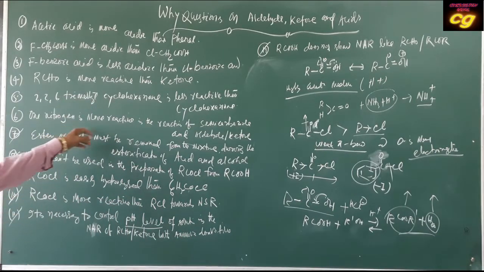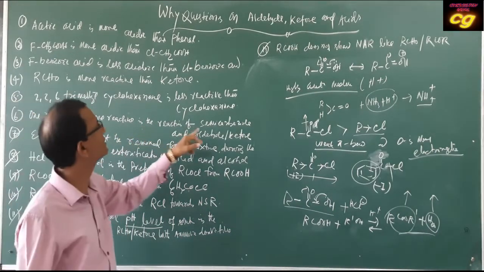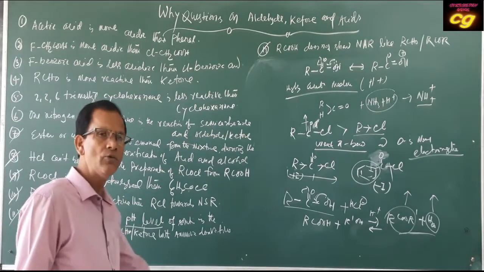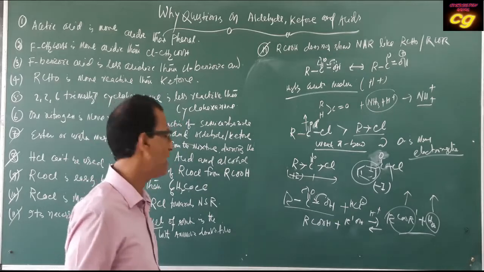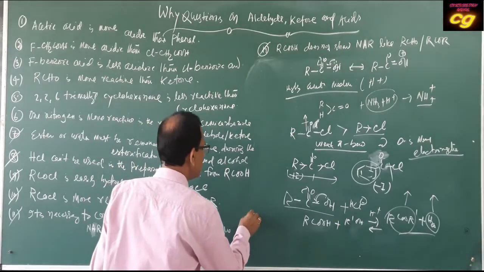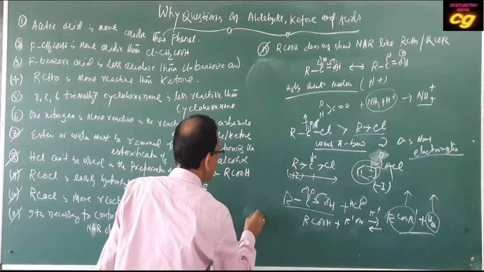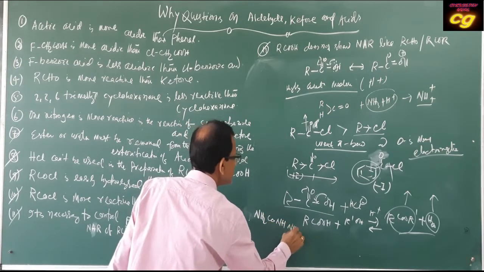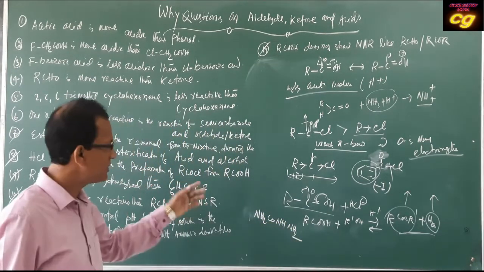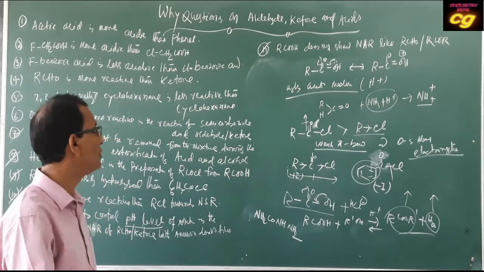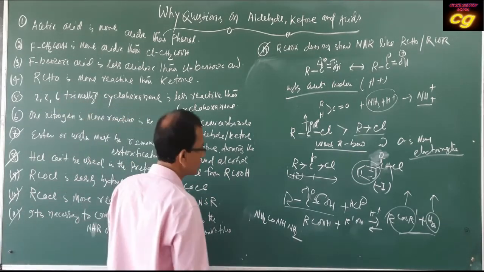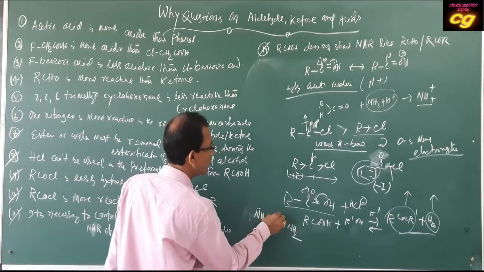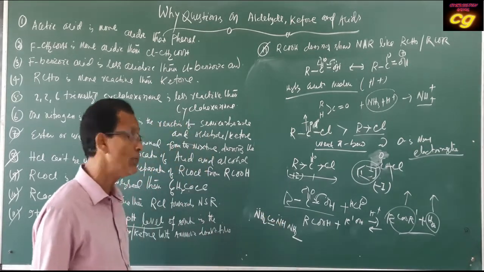Only one nitrogen is more reactive in the reaction of semicarbazide with aldehyde and ketone. Out of 3 nitrogens, 1 nitrogen is more reactive. If you see the structure of semicarbazide, NH2, CO, NH, NH2, this is semicarbazide. But out of 3 nitrogens, which nitrogen will be more nucleophilic compared to the others? Because here the keto group is an electron withdrawing group, the electron density on the nitrogen adjacent to the CO group is less.